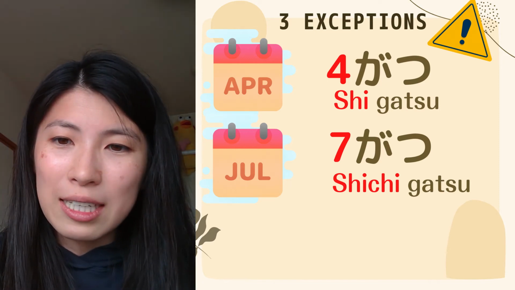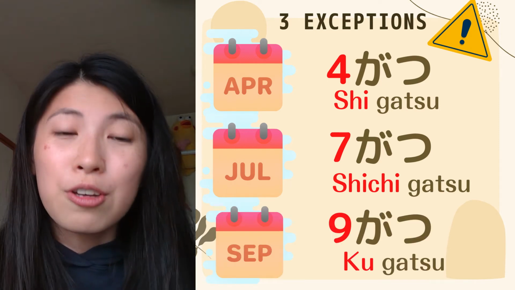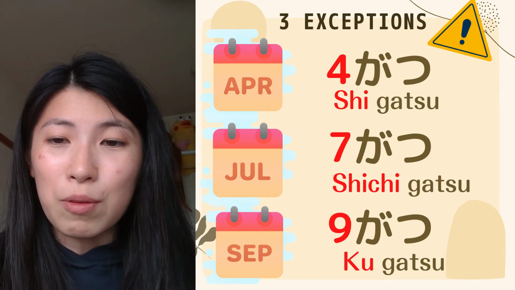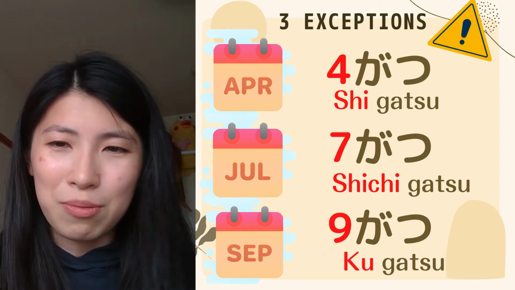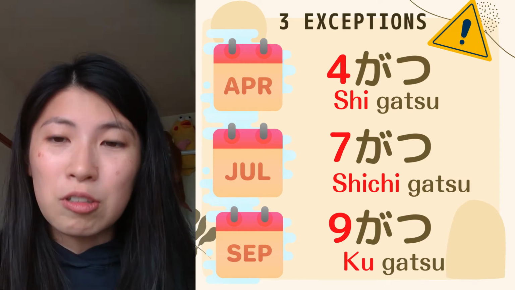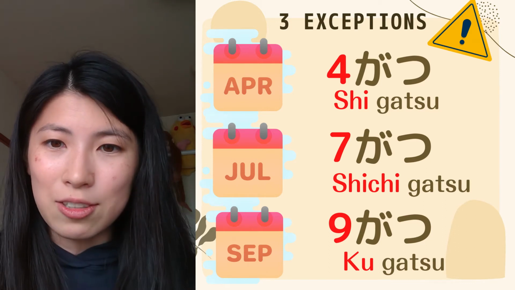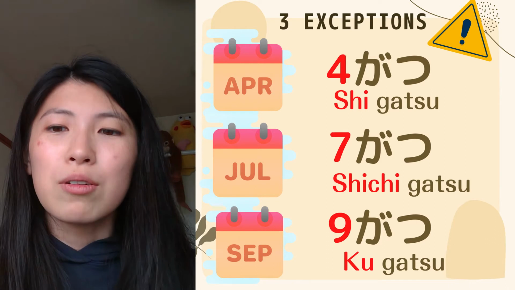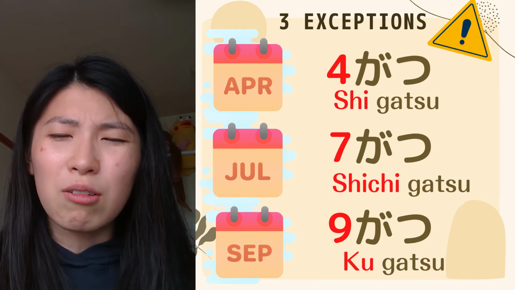The last one is September, 9月 (くがつ). We don't pronounce it きゅうがつ. So April 4月, July 7月, September 9月. You need to memorize those 3 exceptions.